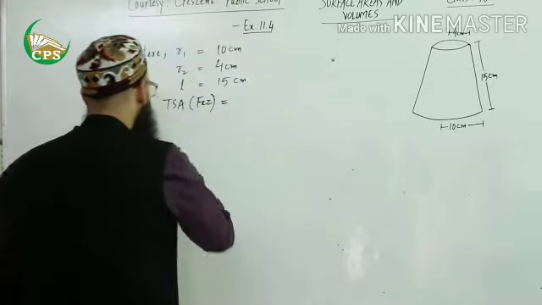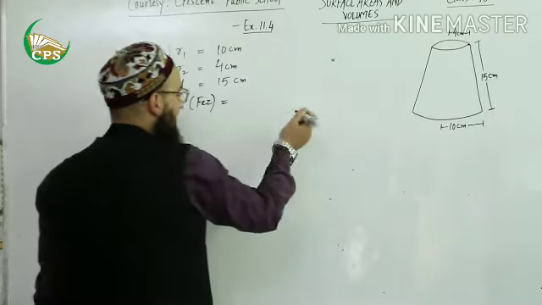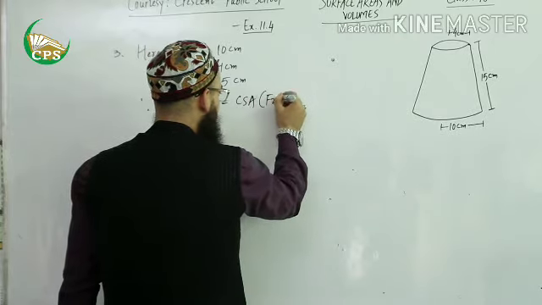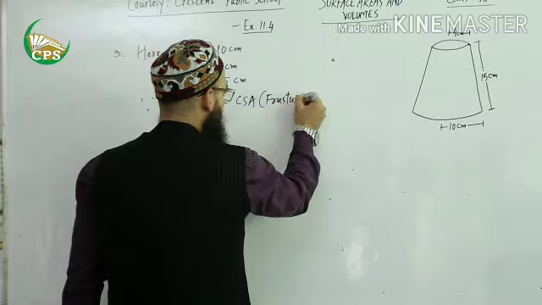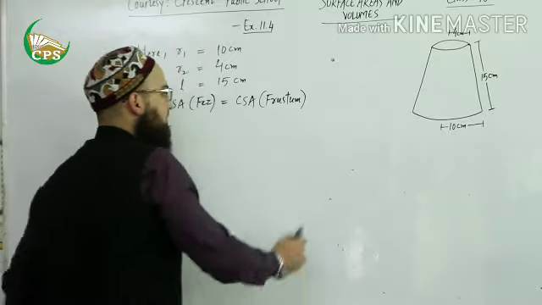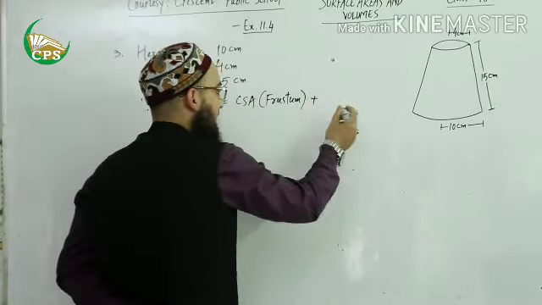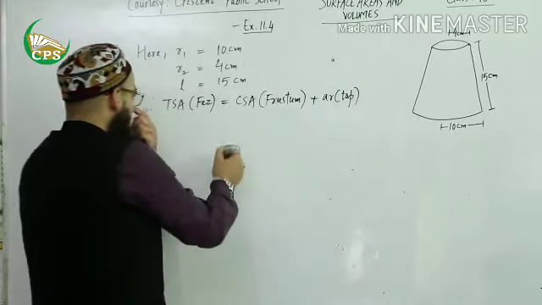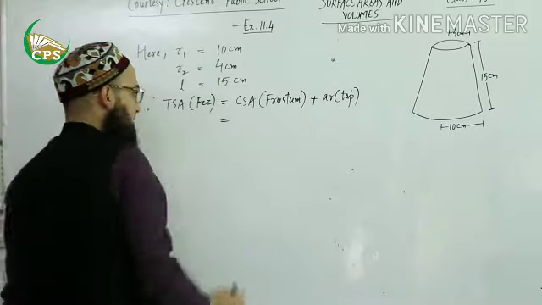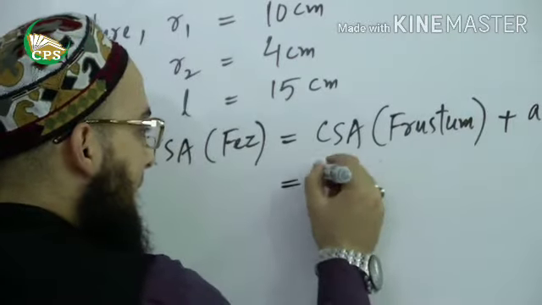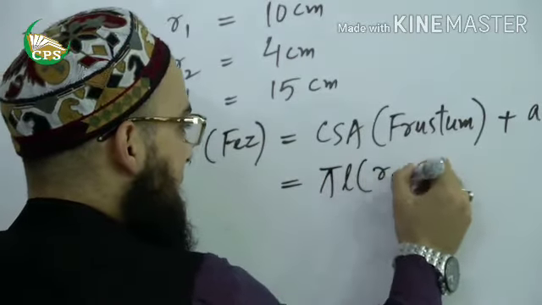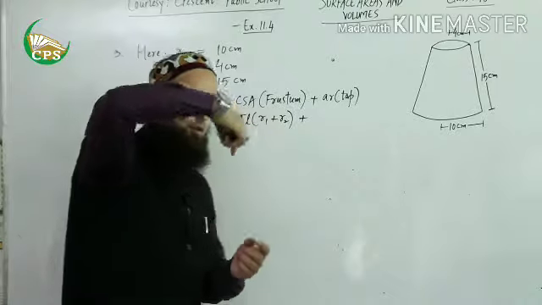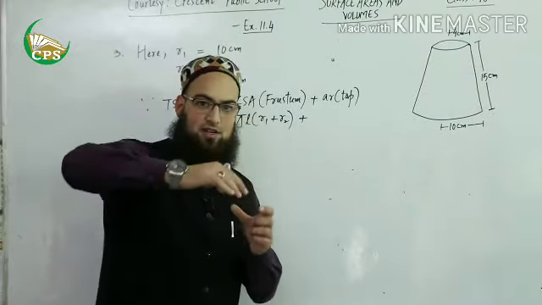Total surface area of the fez is equal to, let us say, curved surface area of frustum plus area of top. Yes. Now the curved surface area of frustum formula is pi L times (r1 plus r2). Then plus area of top; the top portion of this frustum is the circular part.